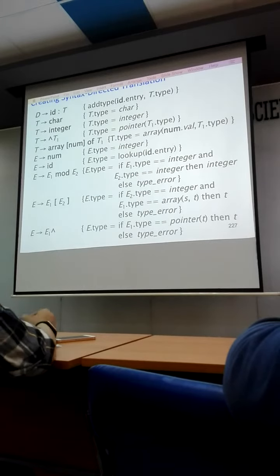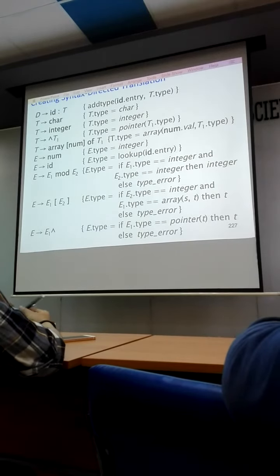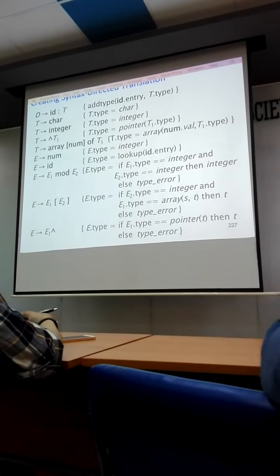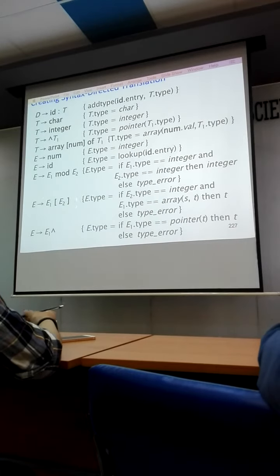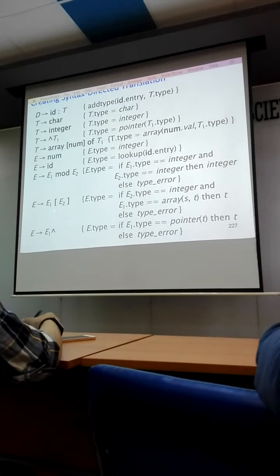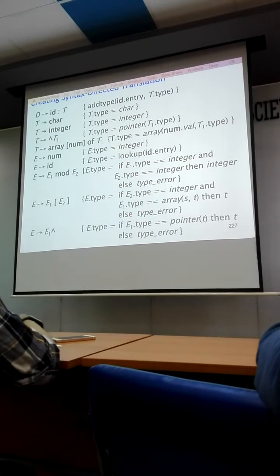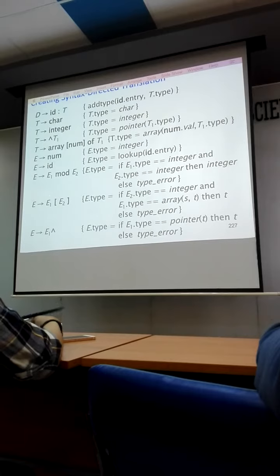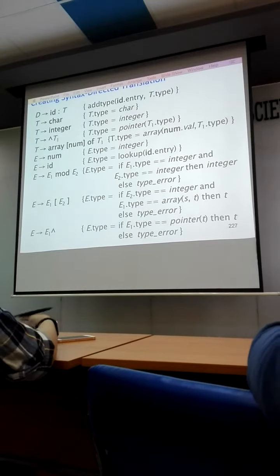Now, let's see, for example, this semantic action. This reference is legal if the type of index or subscript is integer, and the type of E1 must be described by this type expression.